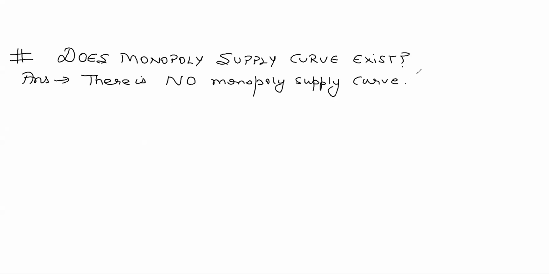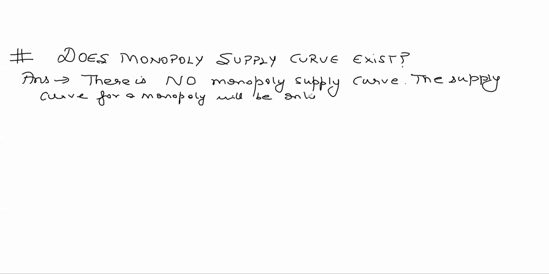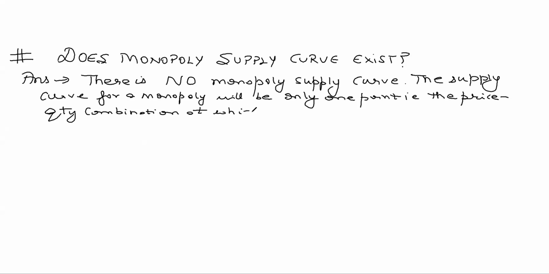So I can say the supply curve for a monopoly will be only one point, that is the price quantity combination at which MR is equal to MC.